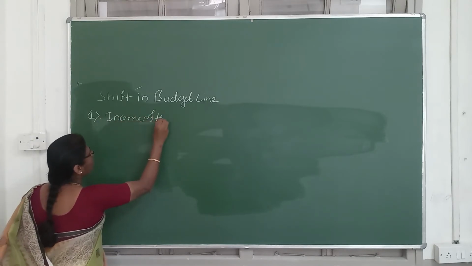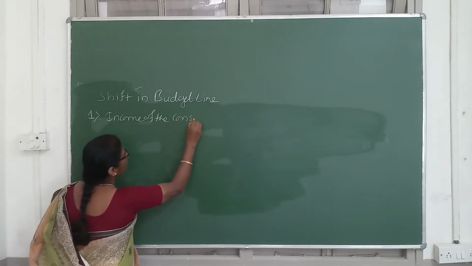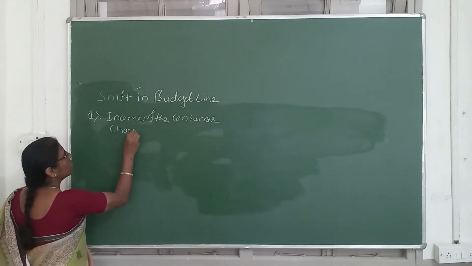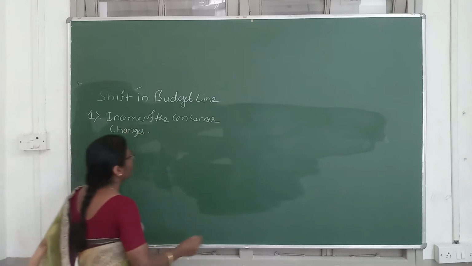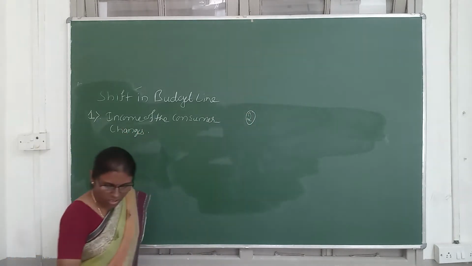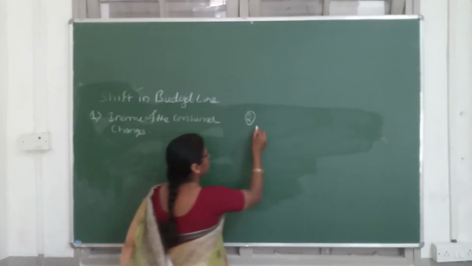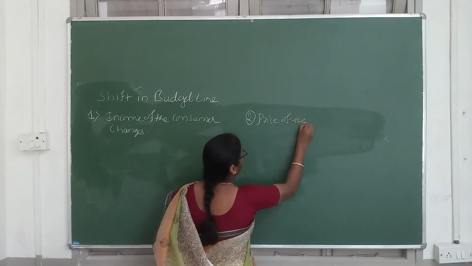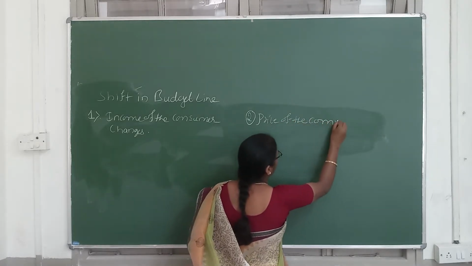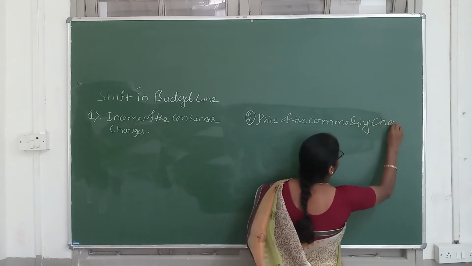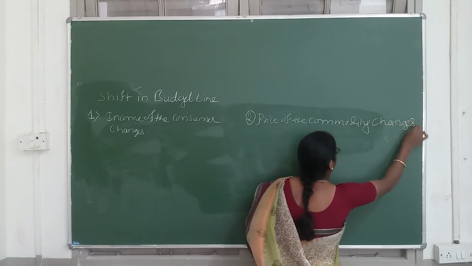Income of the consumer changes. This is the first one. And what is the second one? That is the second very interesting one. Price of the commodity changes.